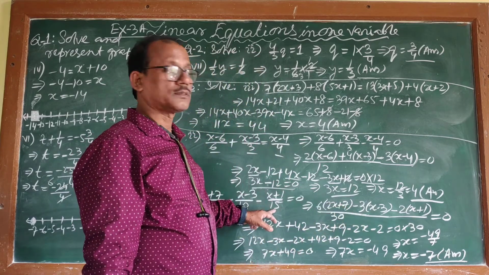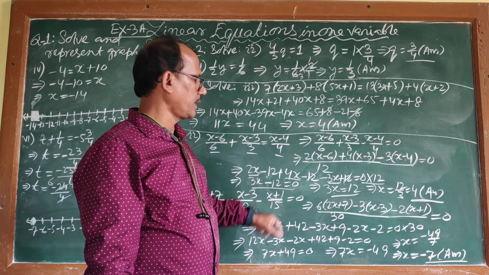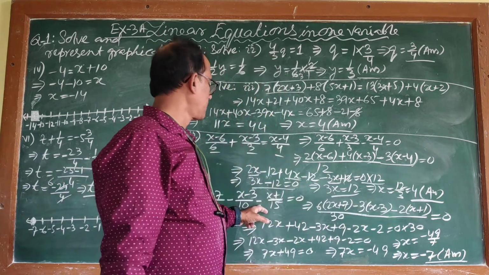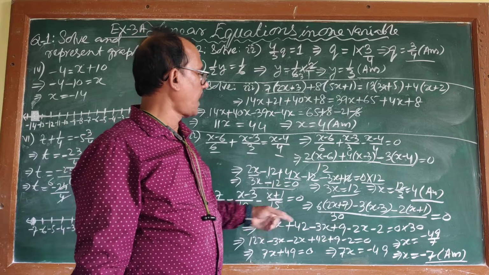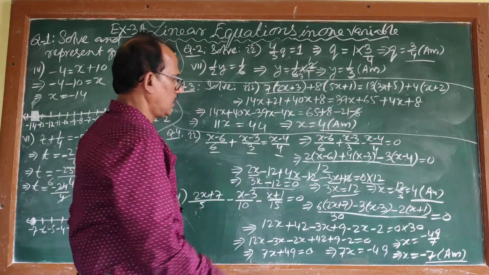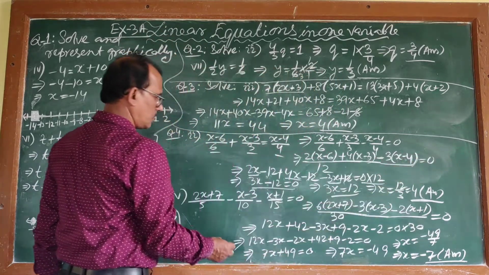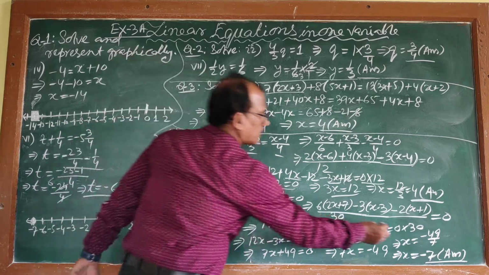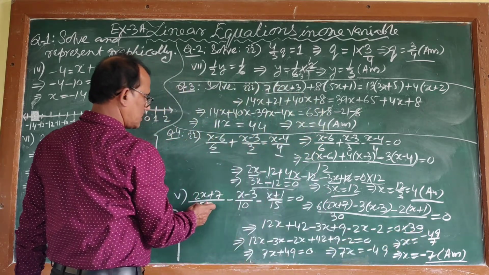Now 30 divided by 15 is 2. 2 multiplied by x plus 1, but the sign is minus, so you did it, and the other side is 0. Now 30 multiplied by 0 will become 0 only.